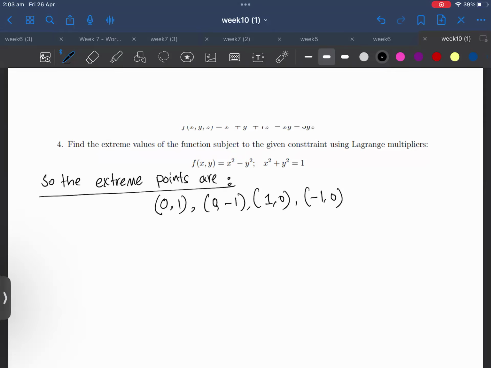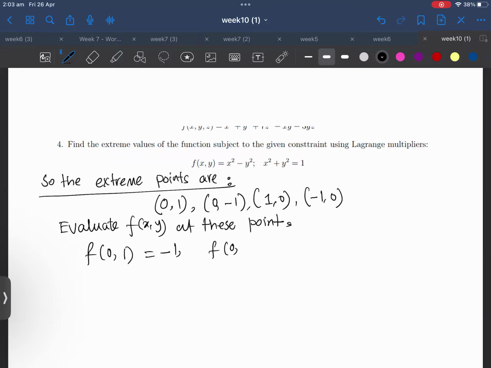Now we need to evaluate the values of f of xy at these points. So f of (0, 1) gives you minus 1.